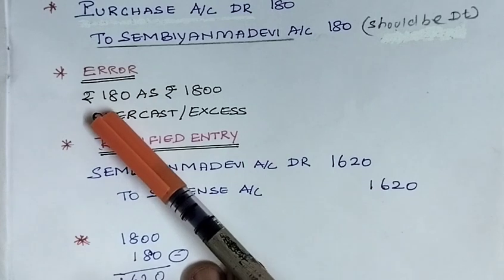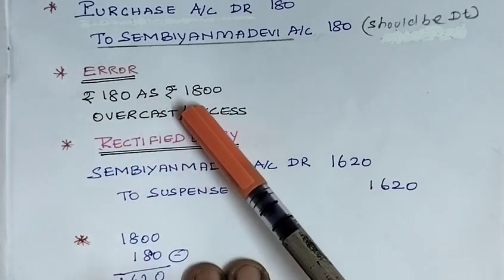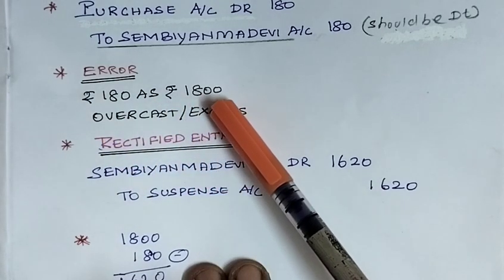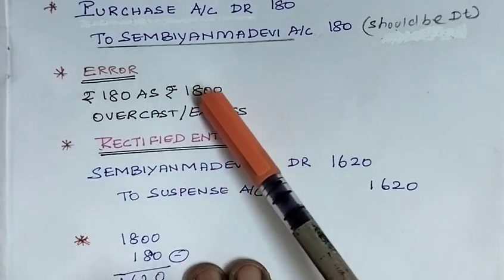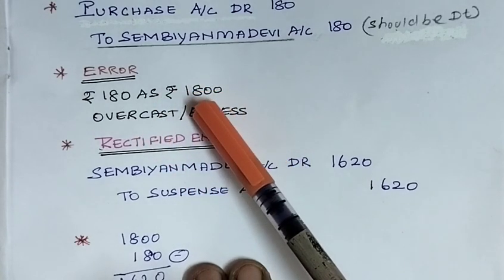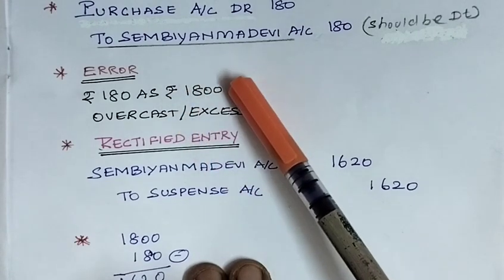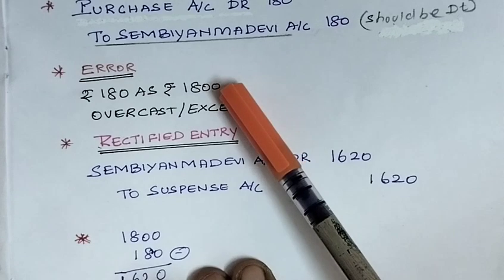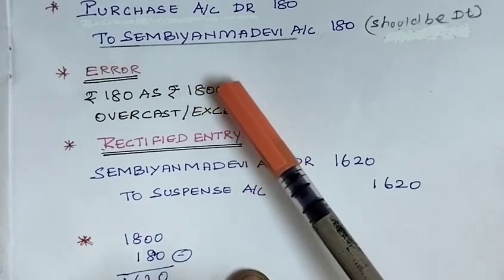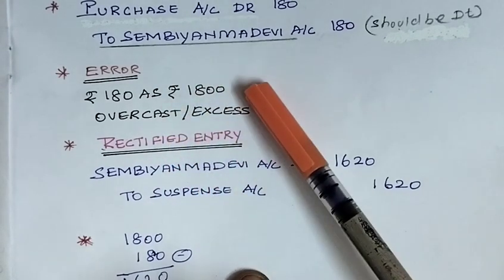Instead of 180 rupees, they entered 1800. So what is the error? It is the overcast. Okay, excess amount, you entered excess amount, right? So how do you rectify this error?